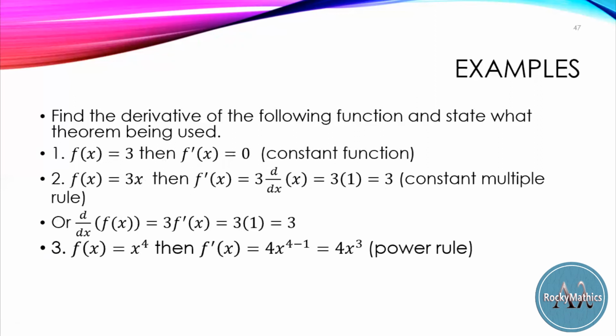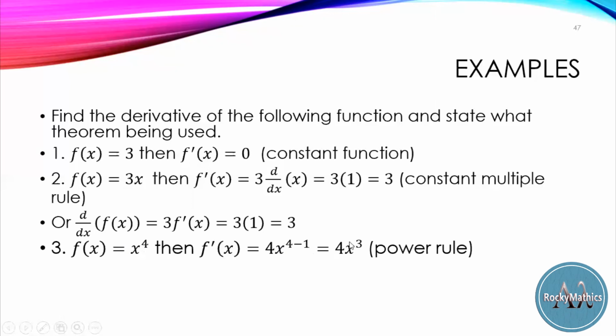Then the third example is f of x is equal to x raised to 4. This is a power function. Okay? Now, by the power rule, f prime of x is equal to, you copy the exponent 4, then multiply it to x raised to the exponent 4 minus 1.